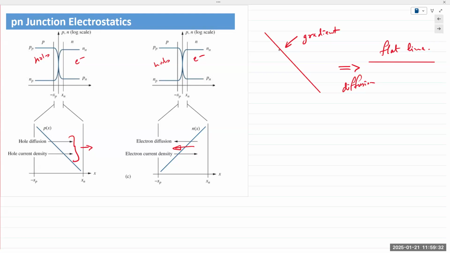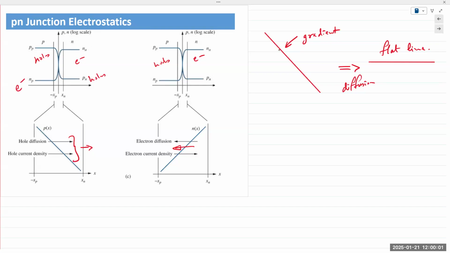Am I making sense so far? Holes and electrons on this side. The concentration of holes is higher on the left, and the concentration of electrons is higher on the right. Holes are lower on the right, and electrons are lower on the left.